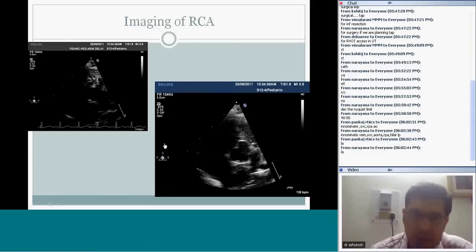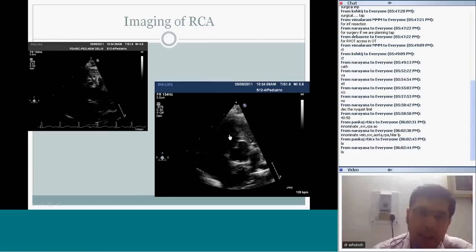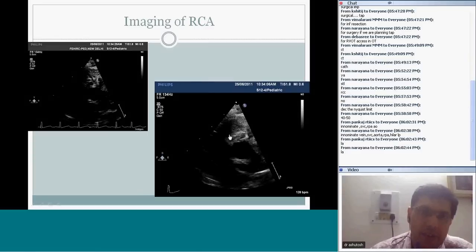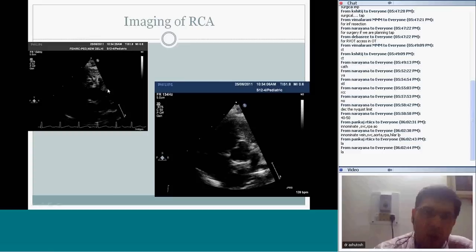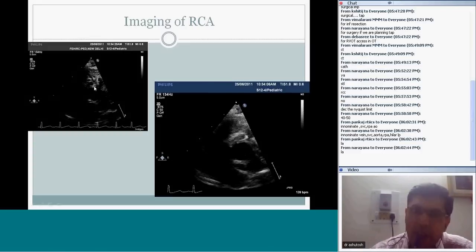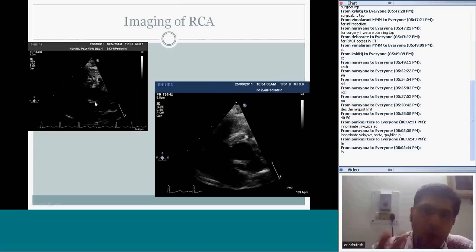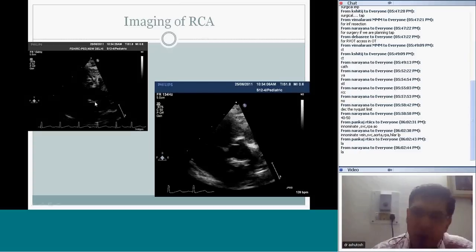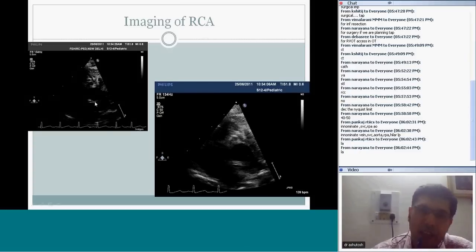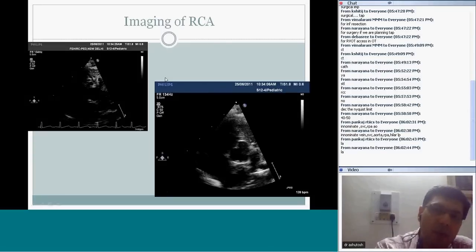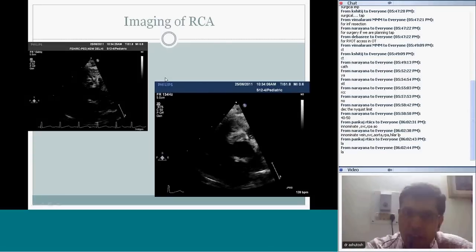Imaging of the RCA is important because this sometimes will decide the surgical path. You are able to appreciate the RCA arising. See, these are rotated sinuses. So our right coronary artery appears to arise more towards the pulmonary artery because of the rotation of the sinuses.